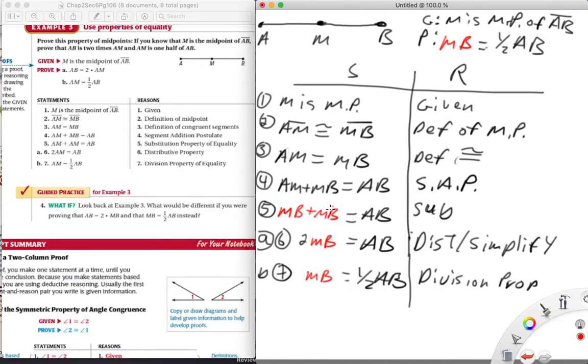So essentially I'm substituting the other half. Since they're equal to each other, I can substitute either one for the other. So in this case, I'm now just subbing MB for AM, and I can solve for MB as well, using the same steps, using the same properties, theorems, and postulates.